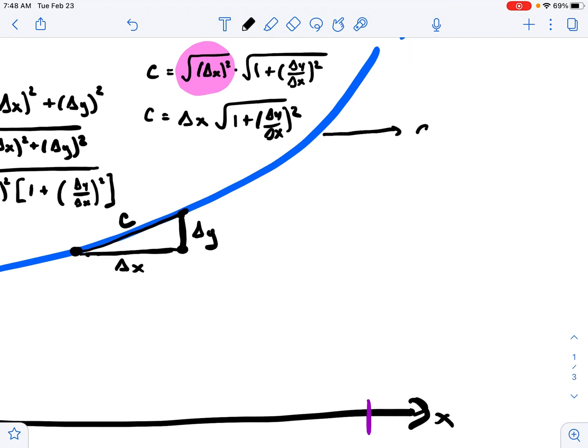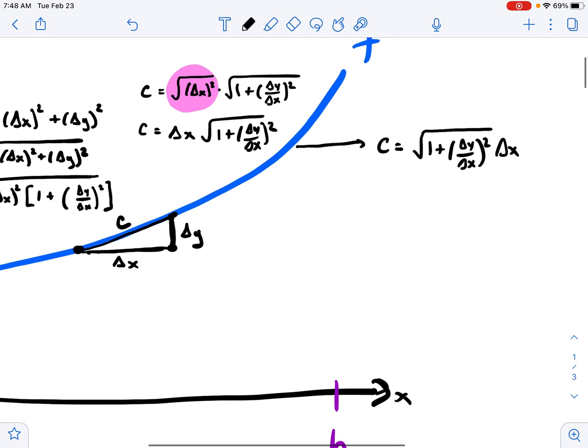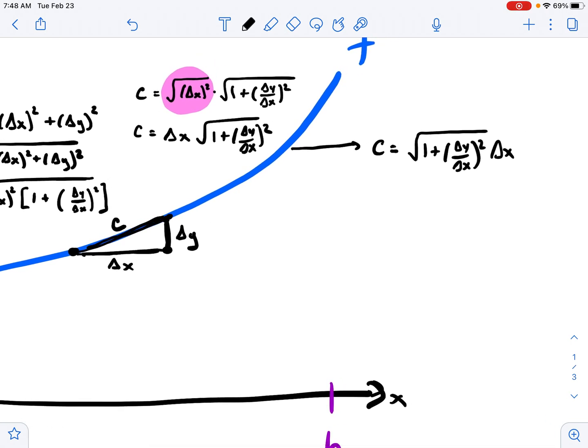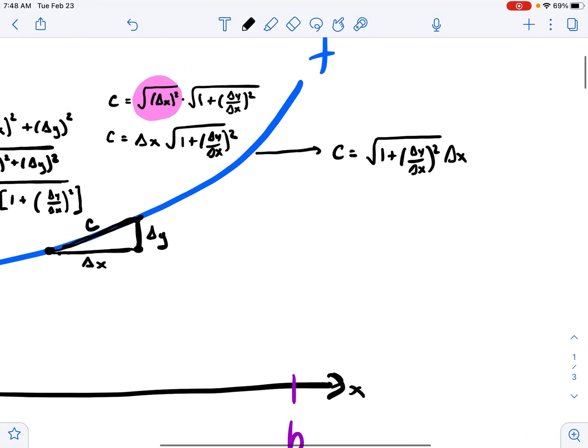And so again, I'm going to rewrite it like this now. That would give us one such hypotenuse over a very small interval, and if I want to sum up all of these, we integrate. So let me change the notation a little bit here. Instead of using delta y and delta x, let me write it as dy dx.